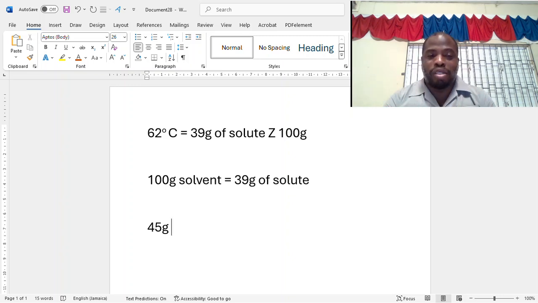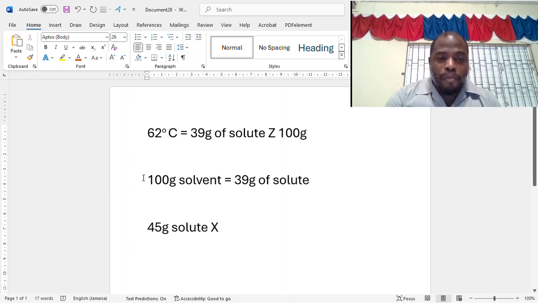Remember, the temperature is constant. If your answer was more, you're indeed correct. So we have 45 grams of solute. We want to find out how much solvent would be needed. We're going to be multiplying this by what we have right here.